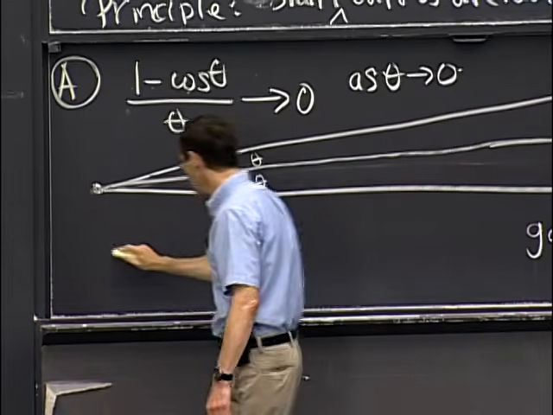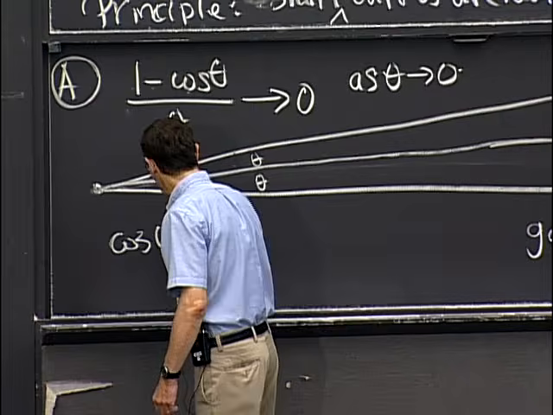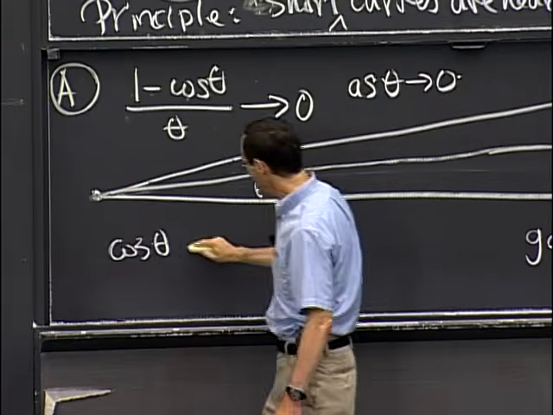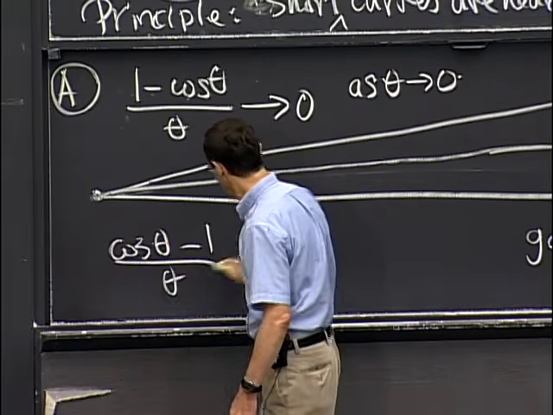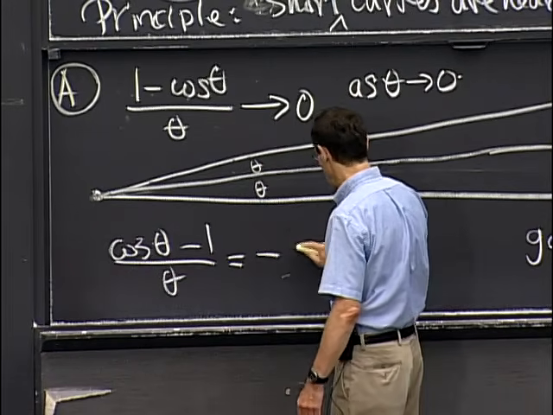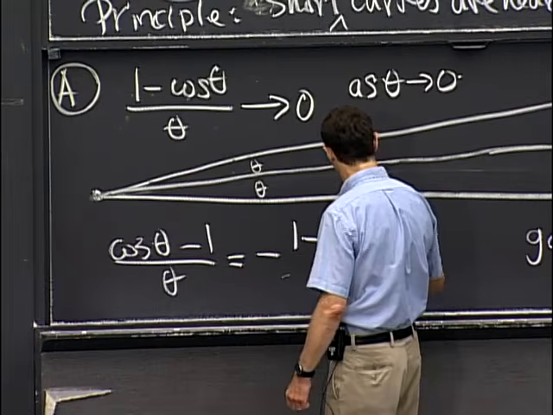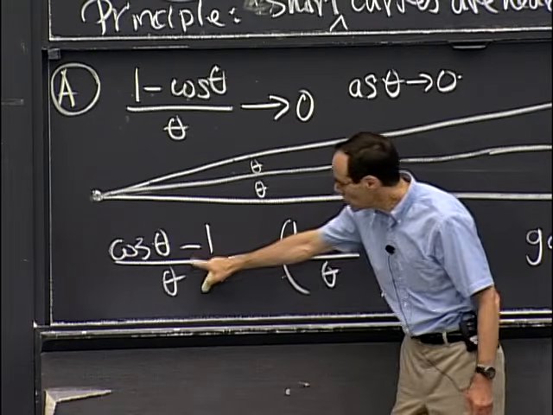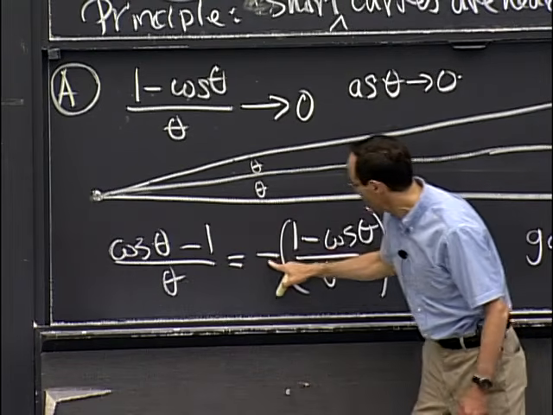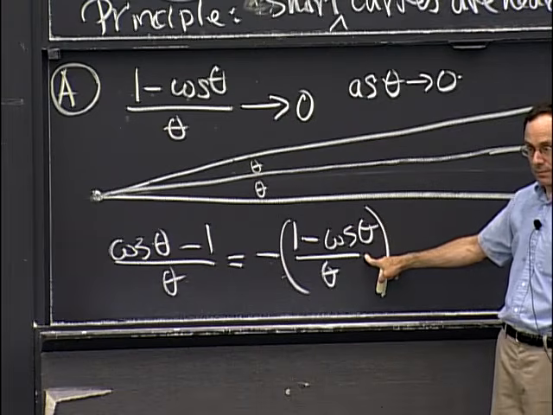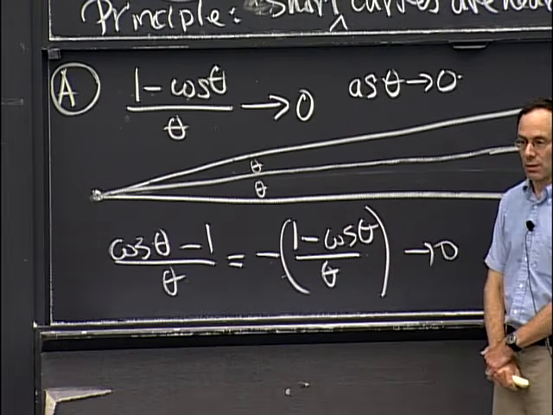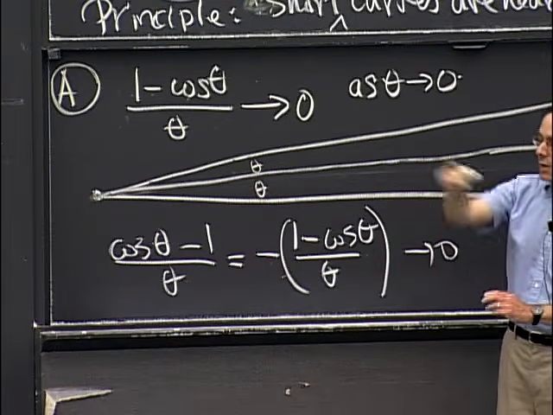That is cosine theta. I replaced theta by delta x, but then I wrote this thing. So cosine of minus theta minus 1 is the negative of this. All right? And if I show that this goes to 0, it's the same as showing the other one goes to 0. Another question.